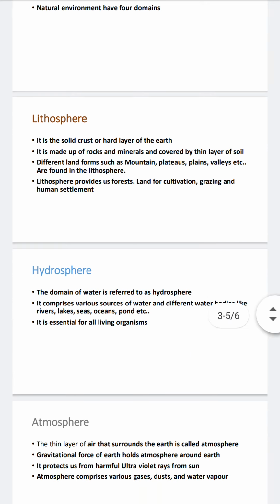We can see different landforms in the lithosphere, such as mountains, plateaus, plains, valleys, etc. The lithosphere is also very useful to human beings because it provides land for forest, land for cultivation, land for grazing animals, and land for human settlement.